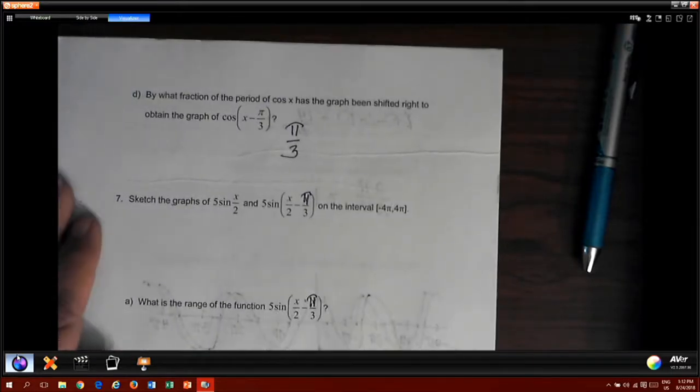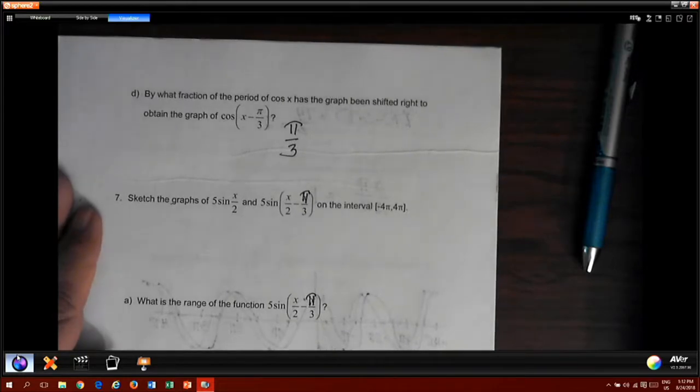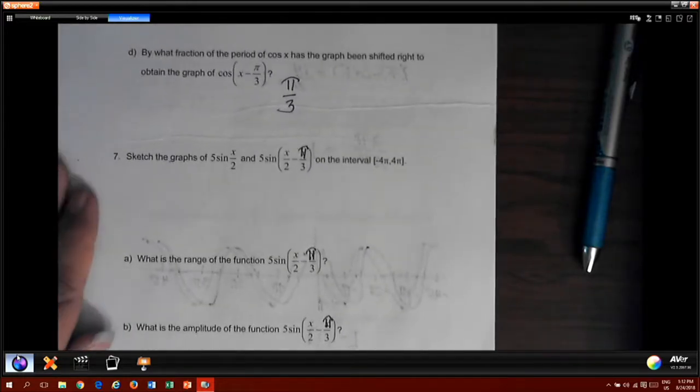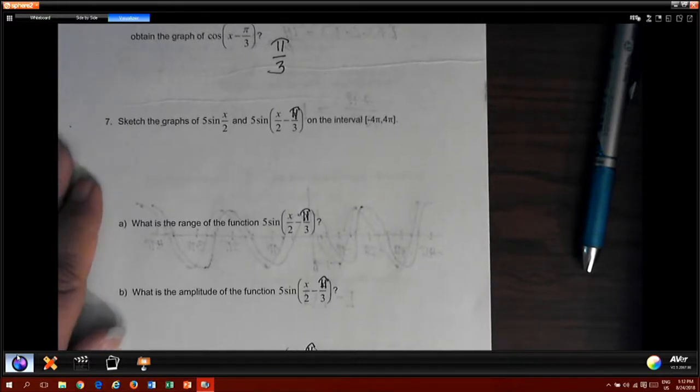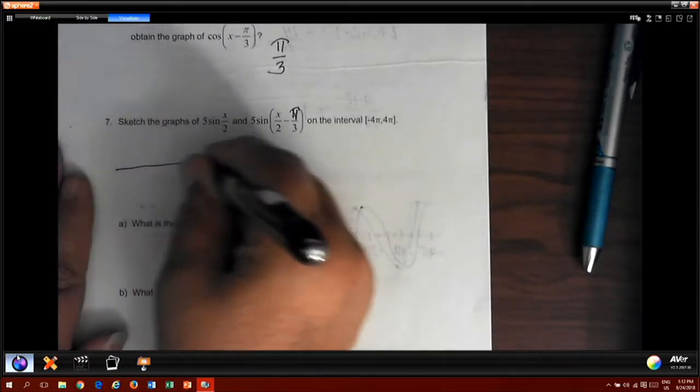So we want to sketch the graphs of 5 sine of x over 2 and 5 sine of x over 2 minus pi over 3.